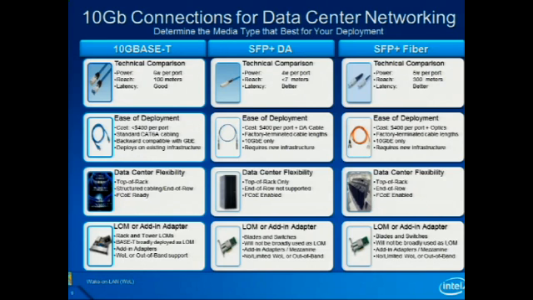This is something to take a look at. Make sure that you understand the drawbacks and the benefits of each side. The one thing around 10G base T is that the adapters that Intel provides, which I'll talk about, are FCoE ready on 10G base T. We don't have any switches in the ecosystem right now to support that, so we are working with the switch vendors and with the industry to create a standard and bring that out.